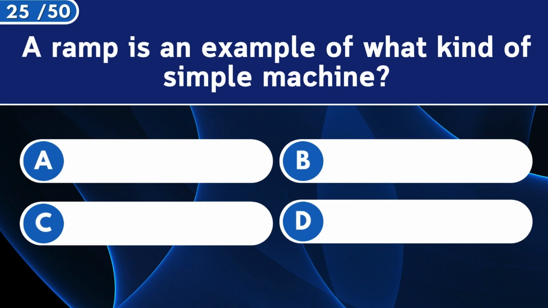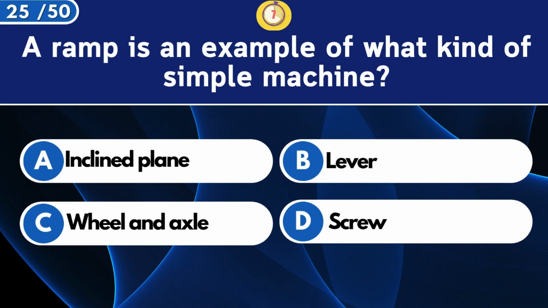A ramp is an example of what kind of simple machine? Inclined plane.